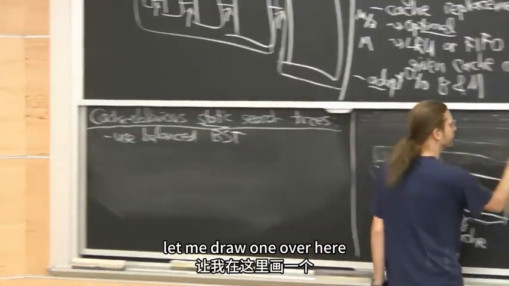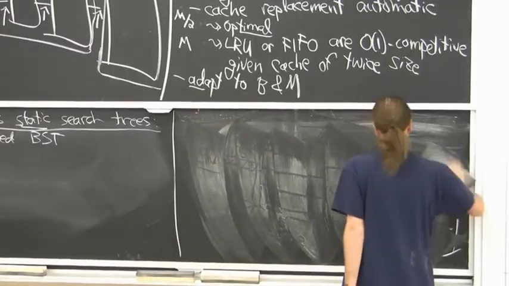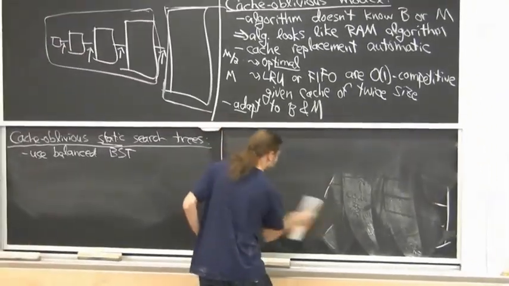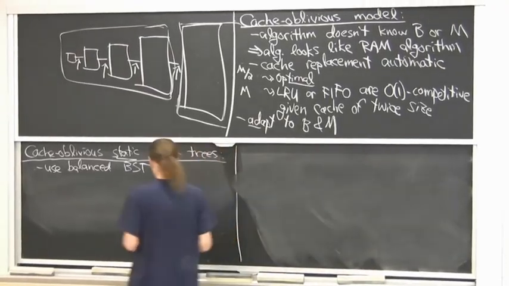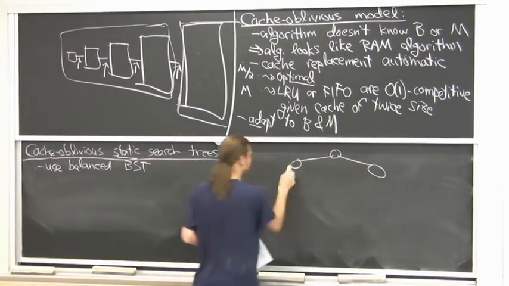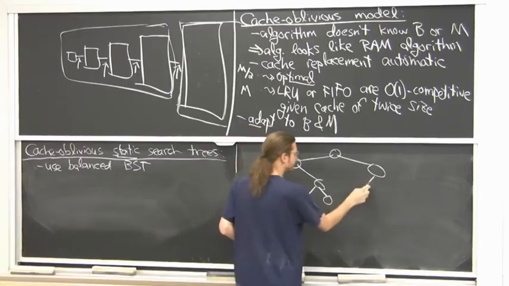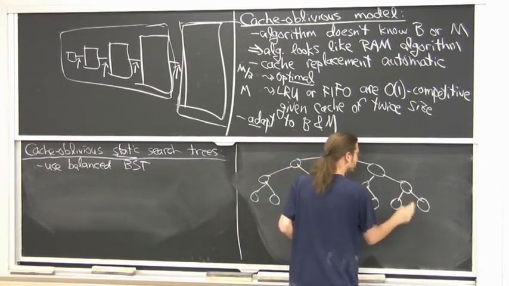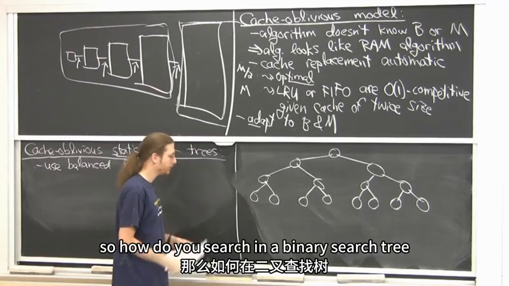So let me draw one over here. Try my favorite one. So how do you search in a binary search tree?